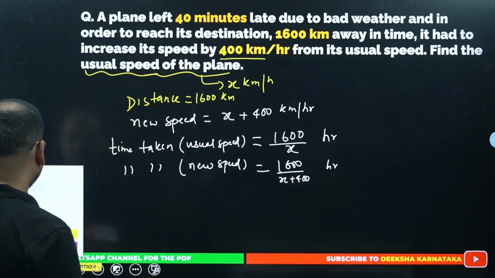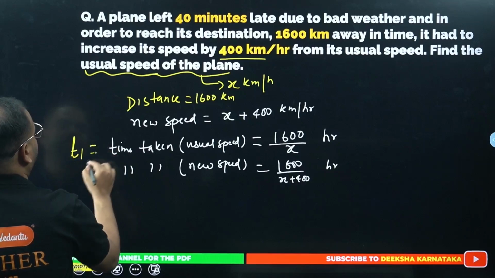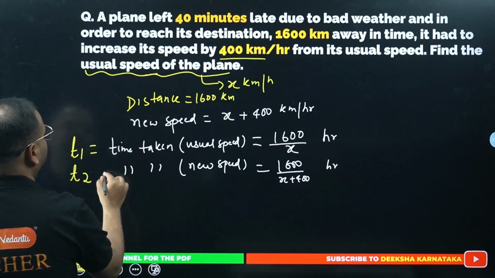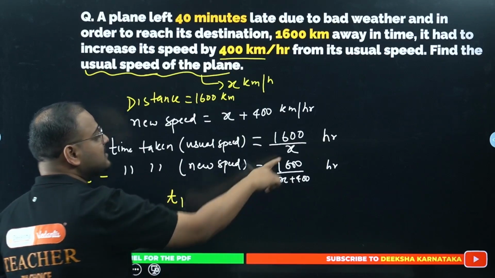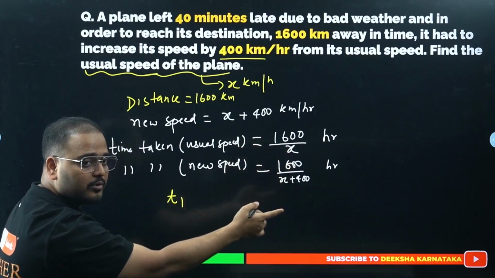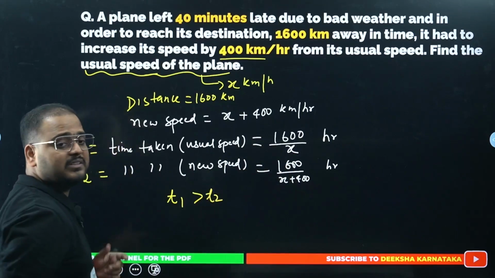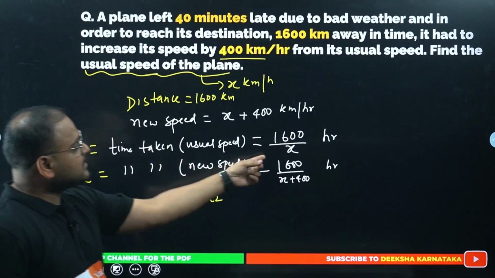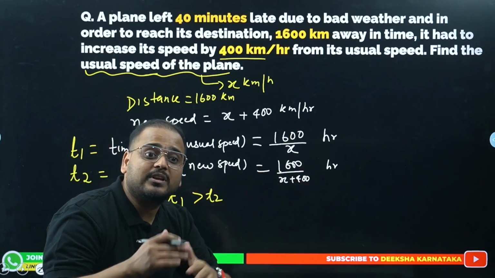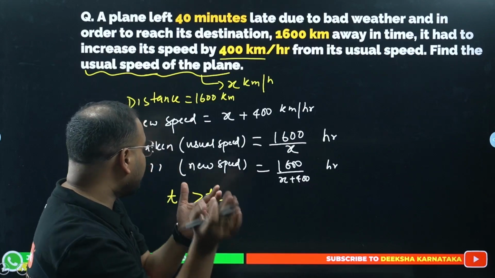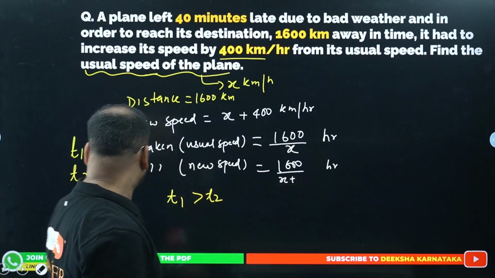If I call this time t1 and this t2, which is bigger? Obviously, if the speed is slower, time will be more. So t1 will be more than t2. Here the speed is the usual speed. Here the speed is increased. If you increase the speed, what happens? Time decreases, no?